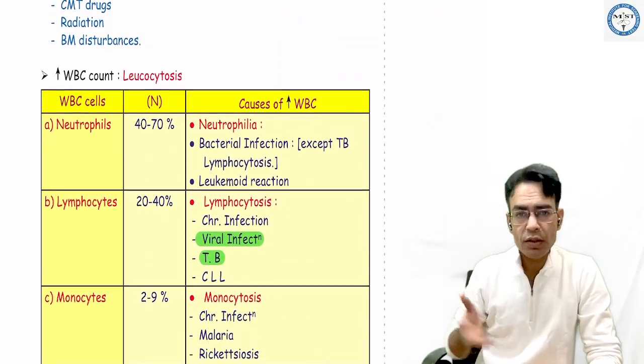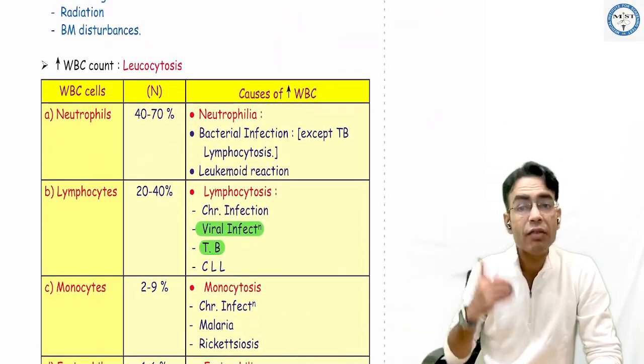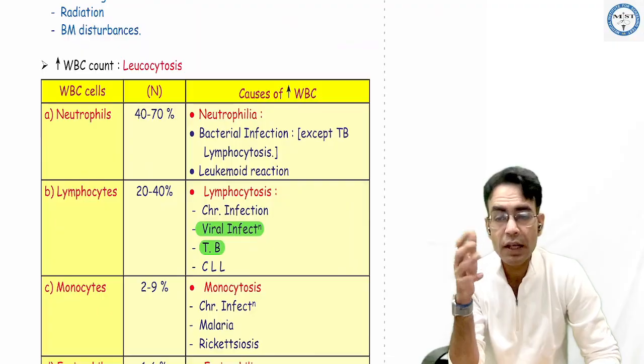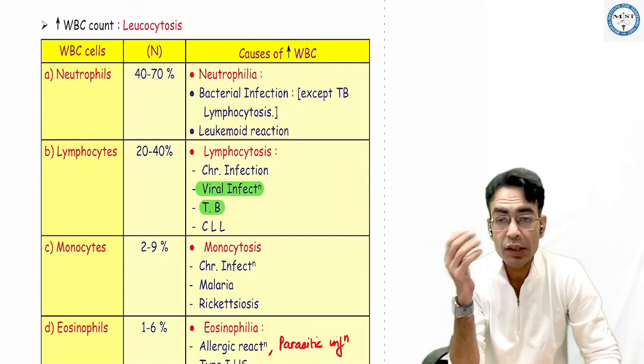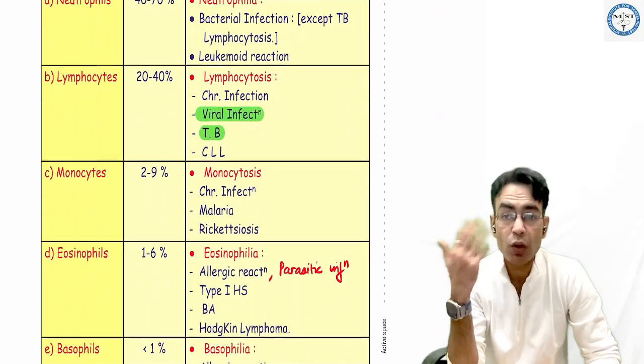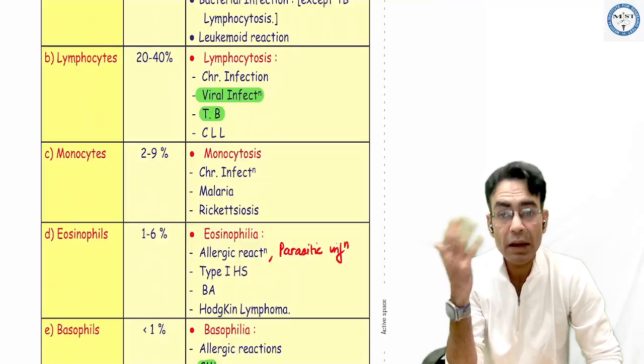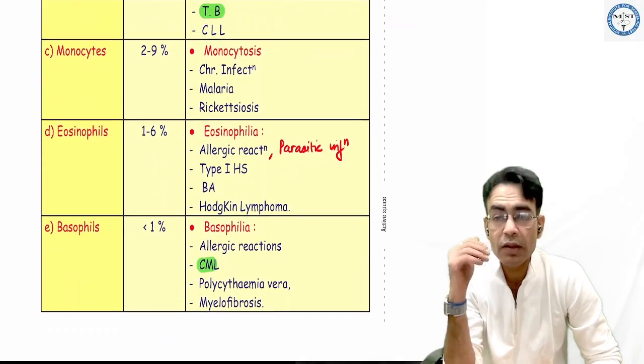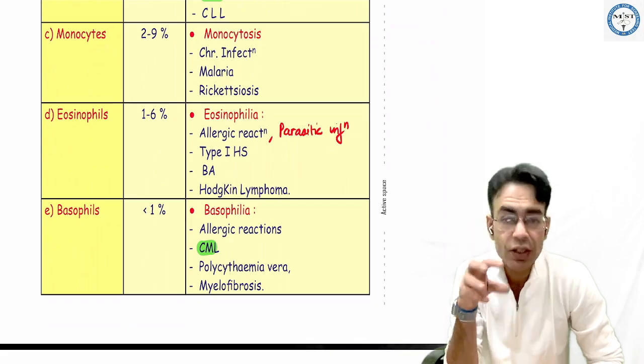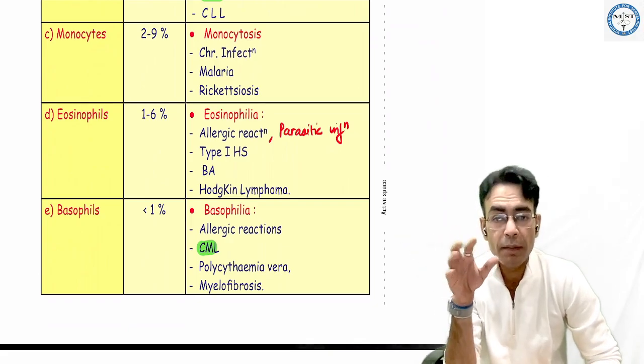For leukocytosis, different kinds of WBCs can be raised in different kinds of problems: neutrophils with bacterial infections, lymphocytes with viral infections, monocytes with chronic infections, eosinophils with allergic and parasitic infections, and basophils in allergic conditions, and we have to remember CML.